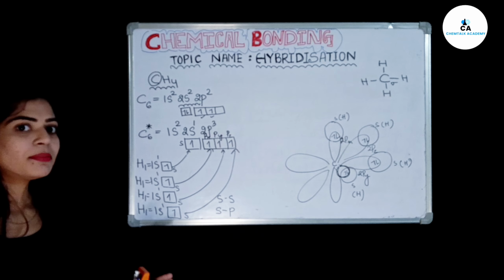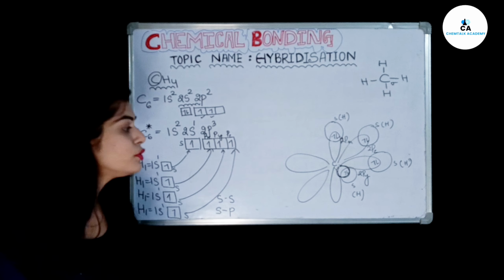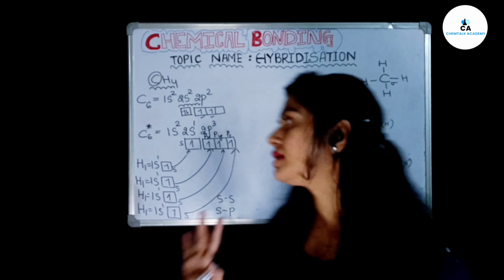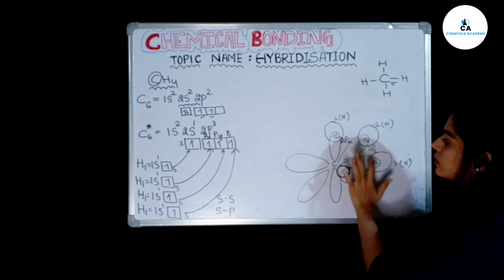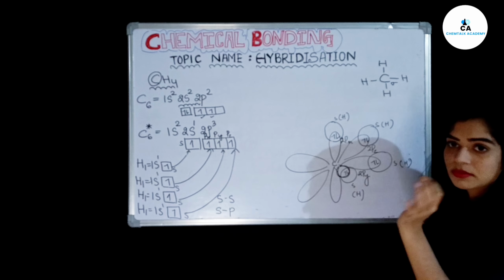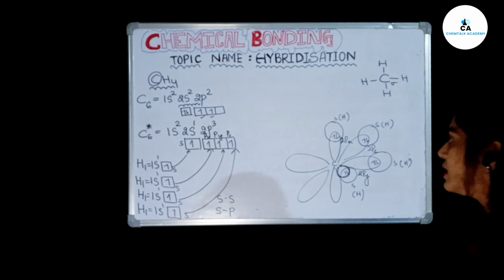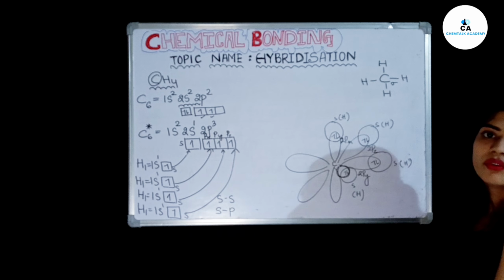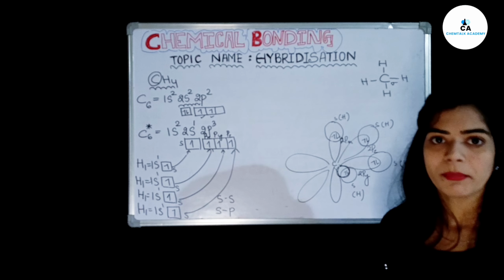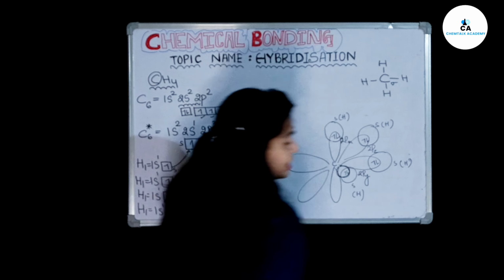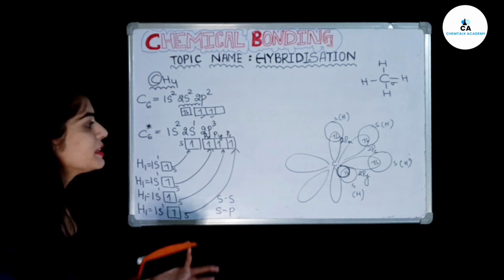Now what is meant by hybridization? What we have to do so that all the orbitals will be equal? See, here 3 orbitals are equal, but one overlapping is different. So what we should do is make all the 4 overlappings the same: intermix the orbitals. As I told, hybridization is nothing but intermixing the orbitals.